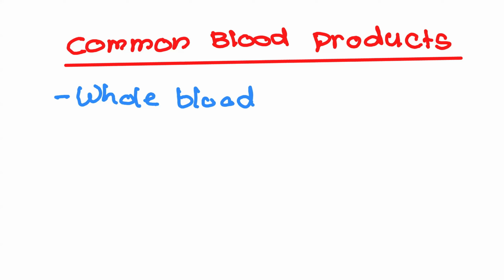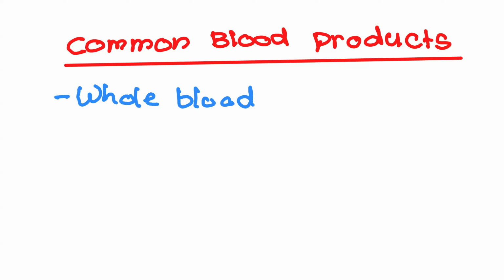The other thing is, if you want to separate the components, we need time. But when we are transfusing whole blood, we don't need that time and we don't want to waste much time. So as soon as possible, we can give this blood to the person. This is another advantage. But in using whole blood, there are also some disadvantages.